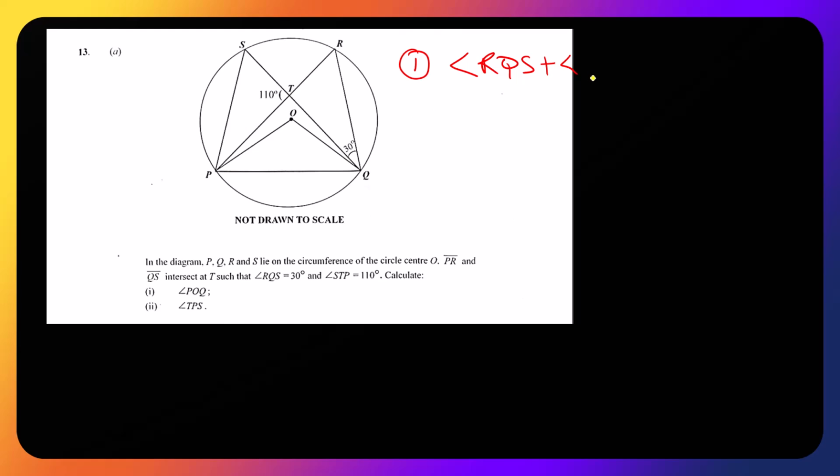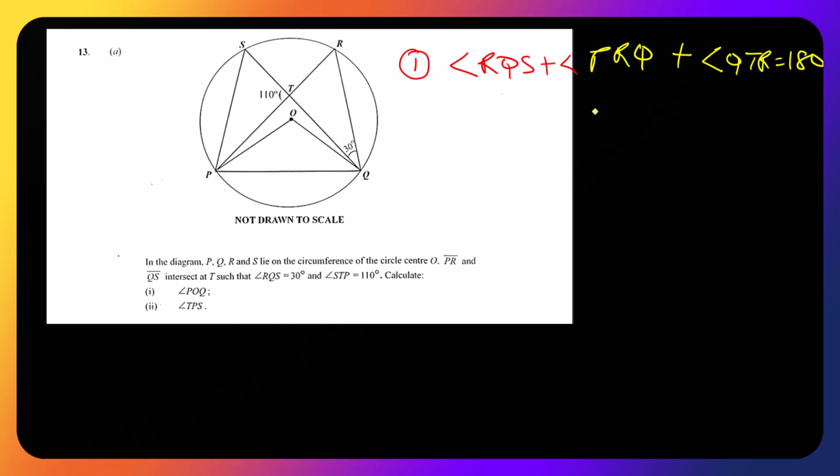By knowing PRQ, we can find angle POQ. So angle PRQ plus angle QTR plus angle RQX equals 180.